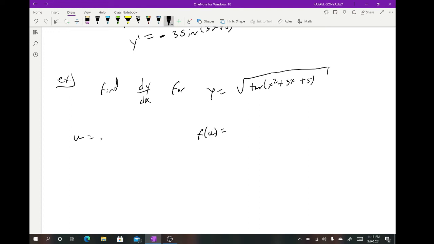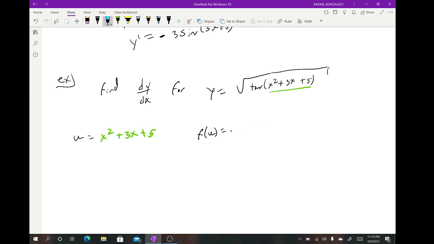So u here is equal to the inner function. u is always going to be your inner function, so that's x squared plus 3x plus 5. And f of u is simply equal to the square root of u. Well, here we have three functions actually going on, so we have to be a little bit more careful.